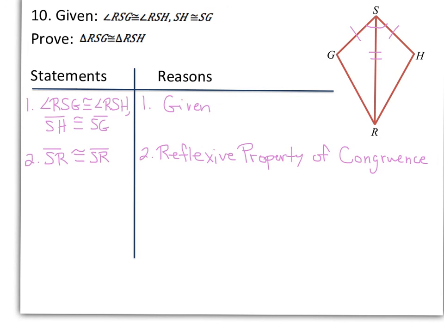Now I have my third side, and my angle is included between my two sides. So I can say triangle RSG is congruent to triangle RSH by the side angle side postulate.